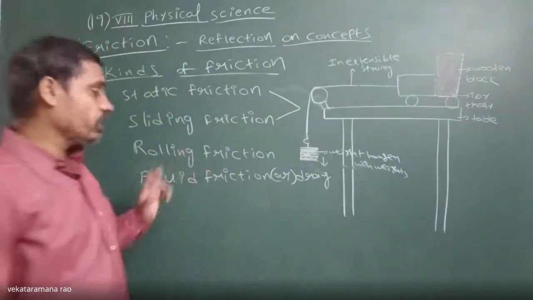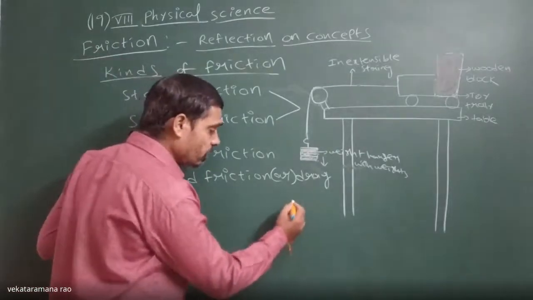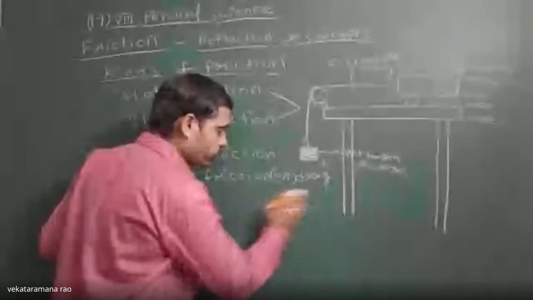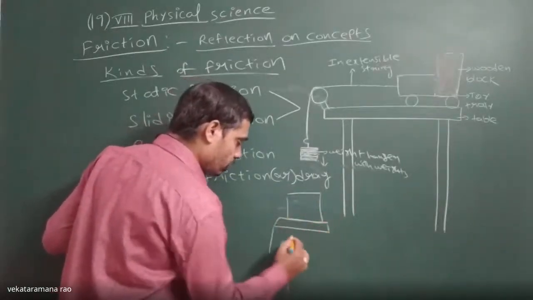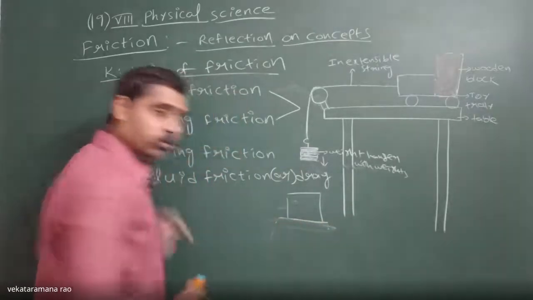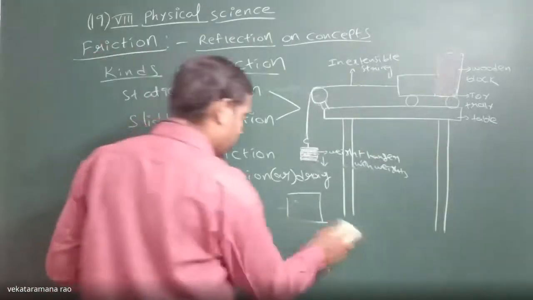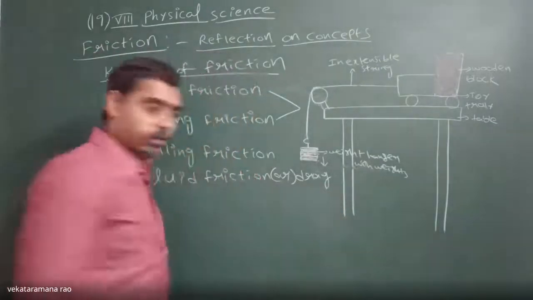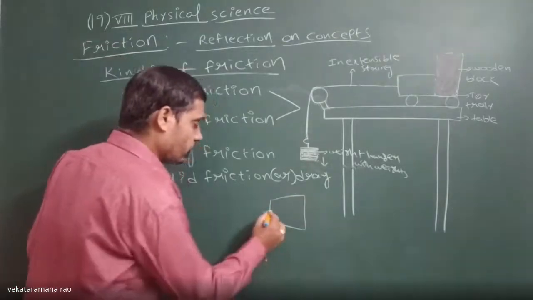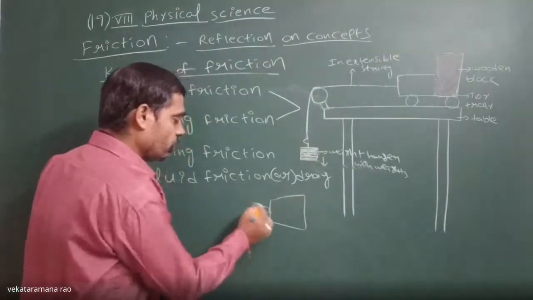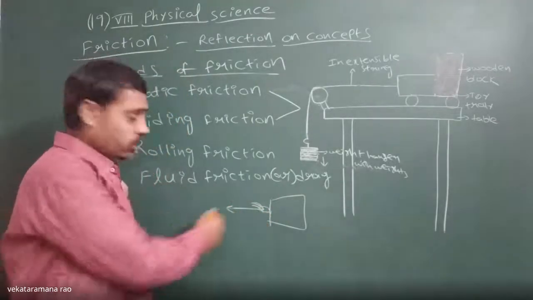Now rolling friction. Suppose we place one suitcase on a table or on a floor, and the suitcase has a holder. You hold it and try to pull it.